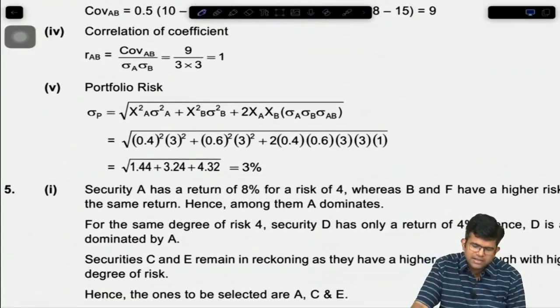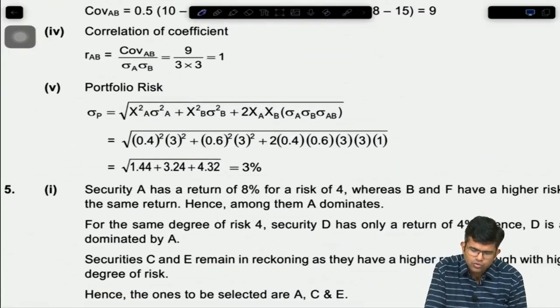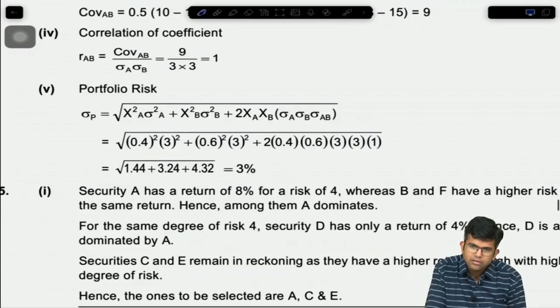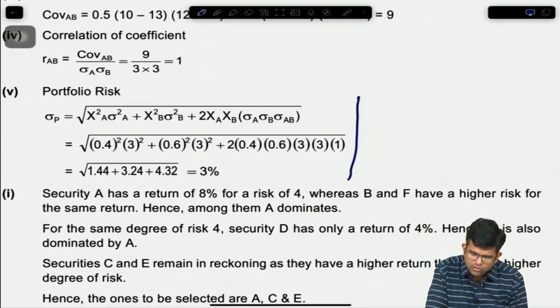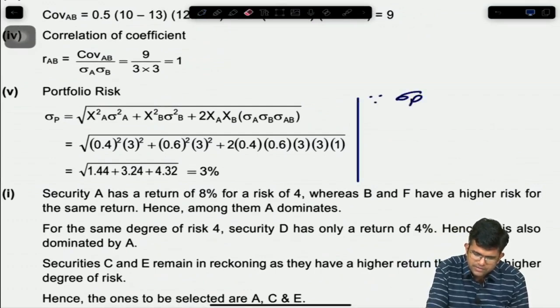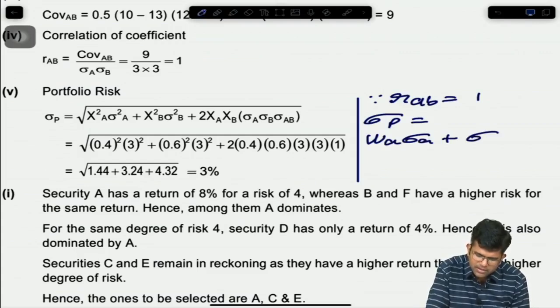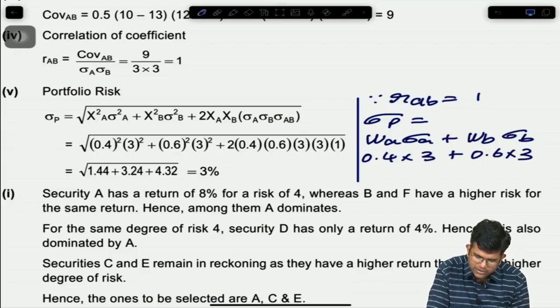Actually, for the last answer, ICEA need not do so much calculation. They could have simply said that since RAB is 1, sigma P is simply WA sigma A plus WB sigma B. 0.4 into 3 plus 0.6 into 3, that is 3.